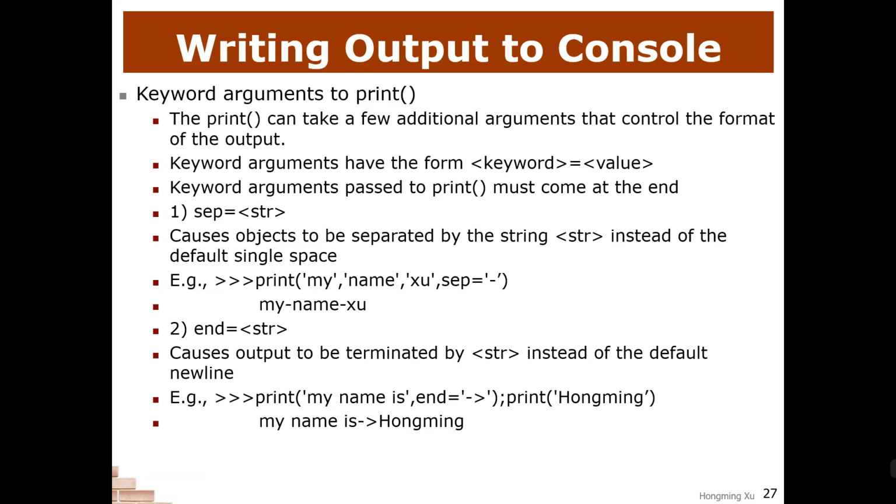The additional arguments have to be written in this format, like a keyword equals a certain value. Also, the keyword arguments must be passed at the end of the print function. Let's see the commonly used keyword arguments for print.